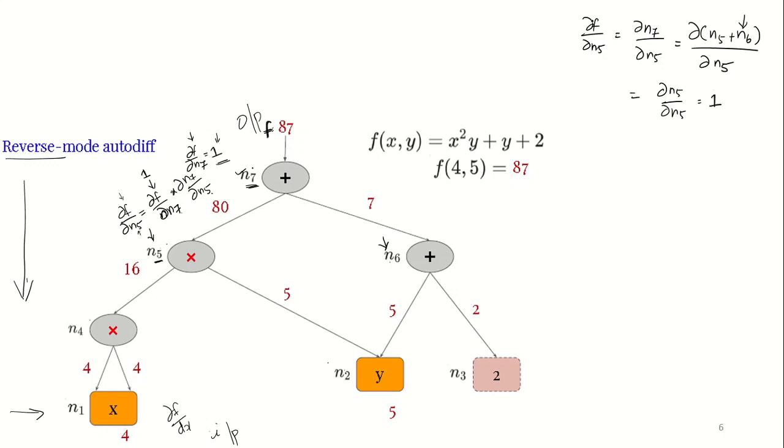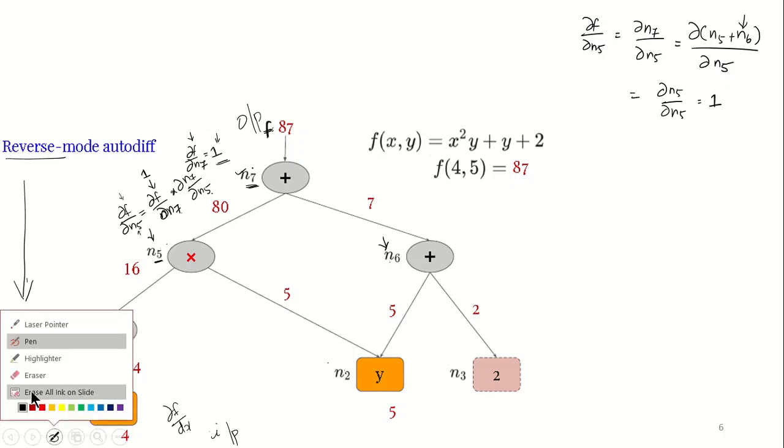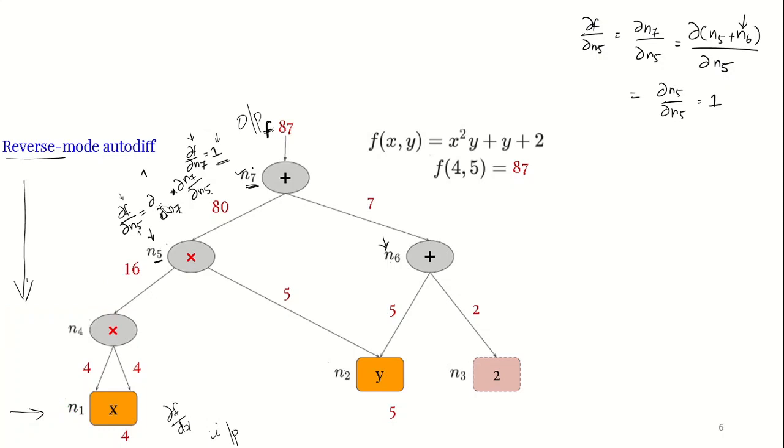So dou f by dou n5 will be equal to 1. I will write it here: dou f by dou n5 is 1.